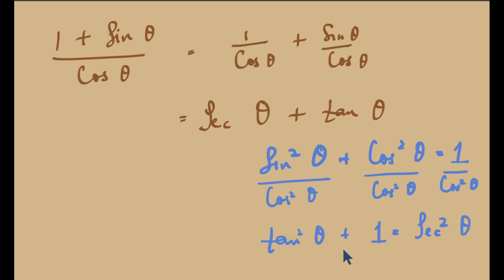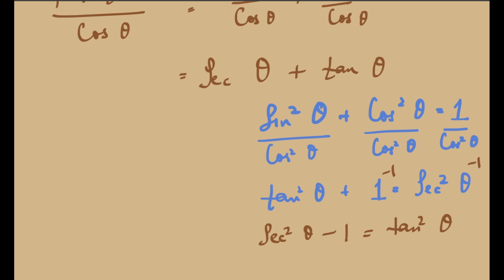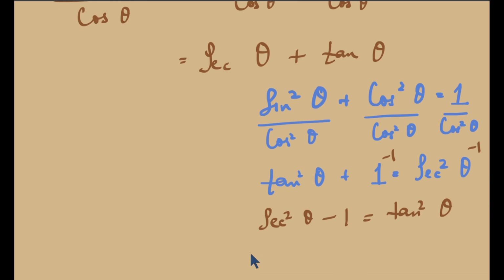Now we have arrived at a relationship between tan squared theta and secant squared theta, and we can manipulate this relationship as we want. We can subtract 1 from both sides and write that secant squared theta minus 1 is equal to tan squared theta, or we can also subtract tan squared theta from both sides and write it as secant squared theta minus tan squared theta is equal to 1.